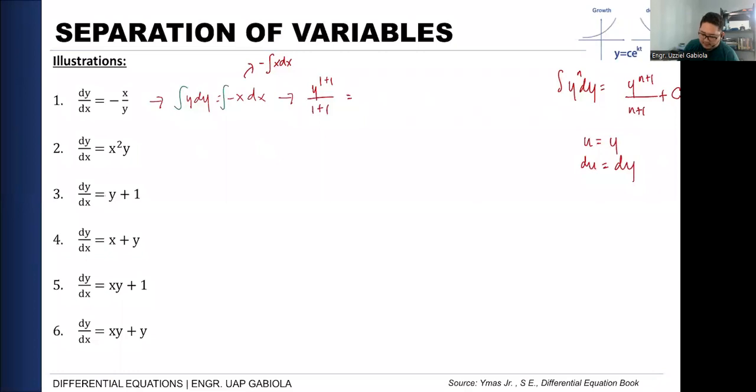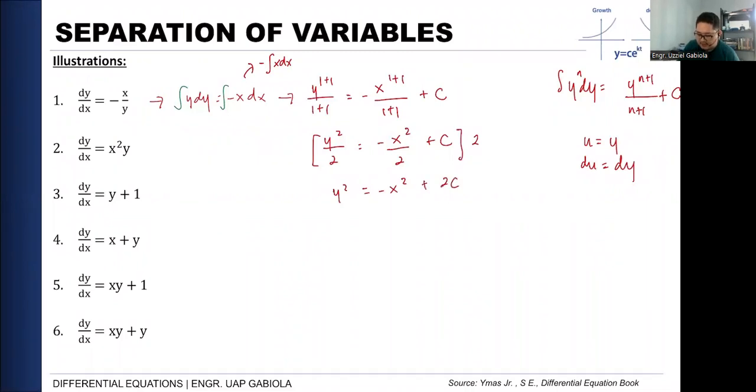So this will be negative x^(1+1) over 1 plus 1 plus c. Okay? So this will be y squared over 2 is equals to negative x squared over 2 plus c. Okay? And then we need to simplify, no? So to simplify this, we can multiply both sides of the equation by 2. Okay? So this will be y squared is equals to negative x squared plus 2c.